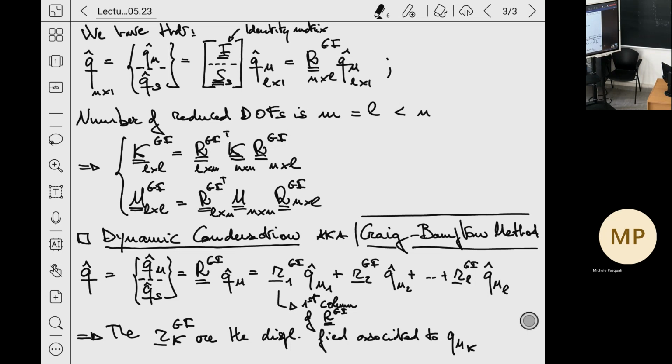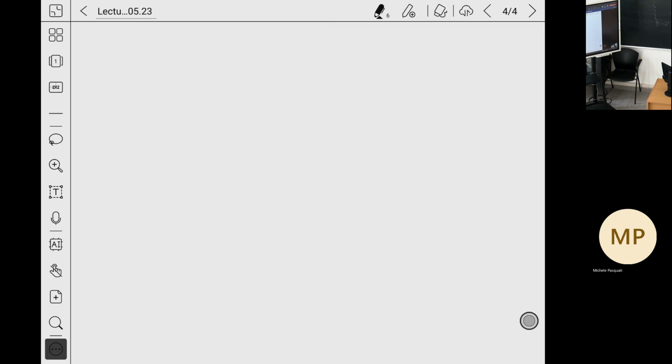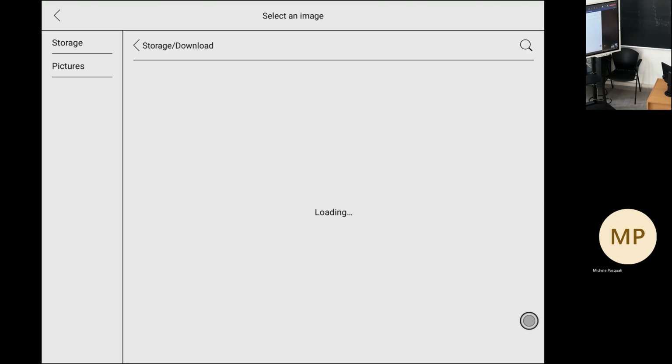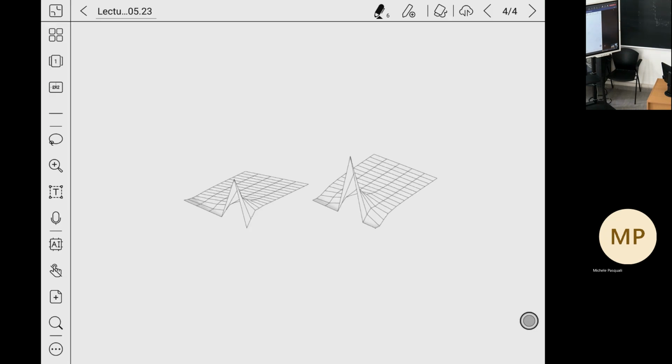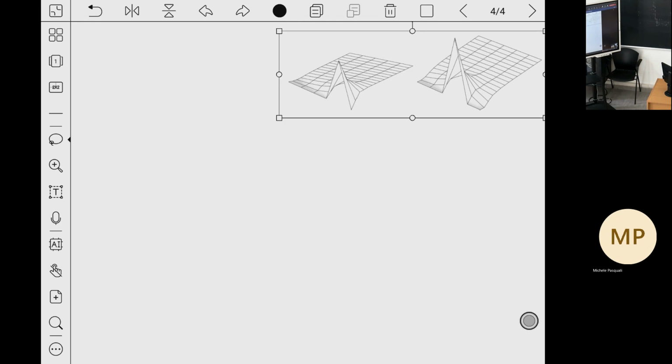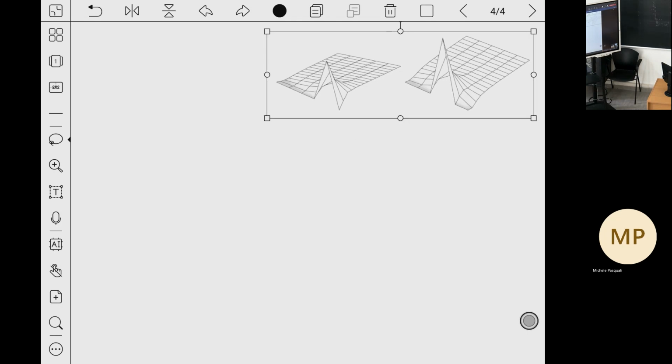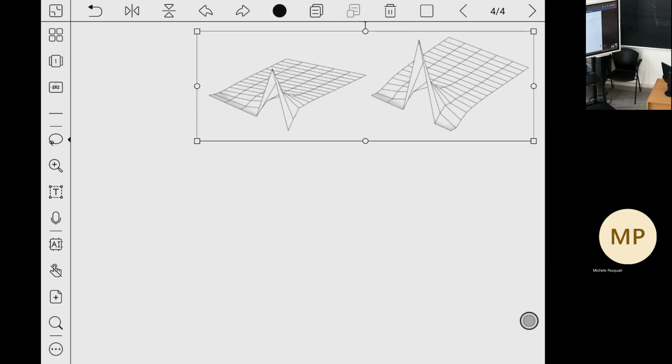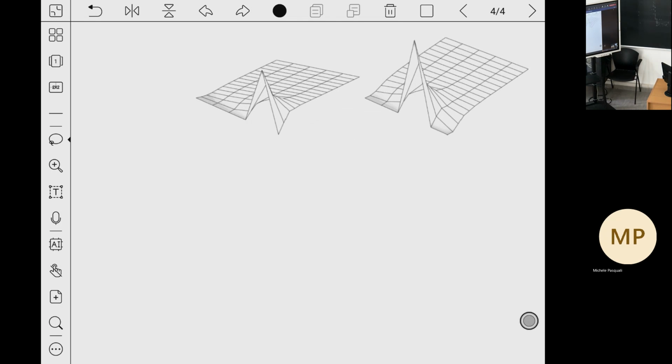In particular, you see, in the analogy of a wing, we are condensing the wing to the nodes of the root of the wing.